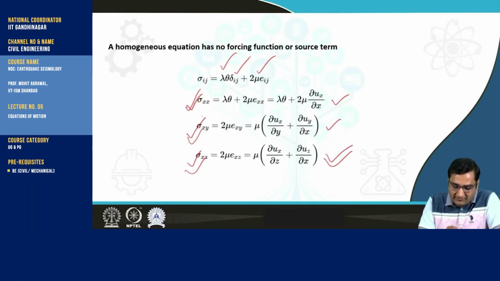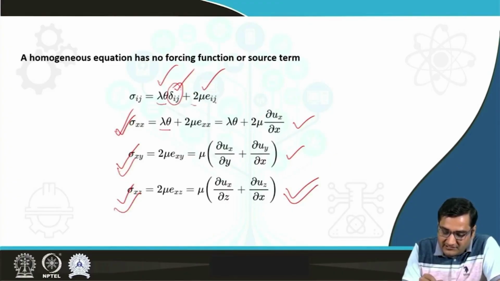So how has it been written? For sigma xx, that means i and j both are equal to x. If they both are equal to x, the delta ij will become 1, and the term that will remain is lambda theta, plus 2 mu e xx, since i is equal to x and j is equal to x.